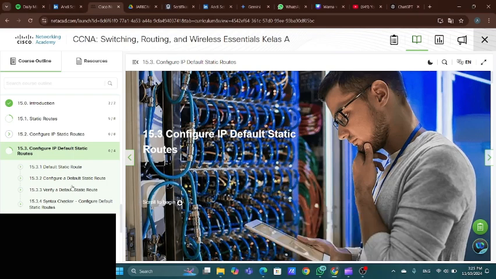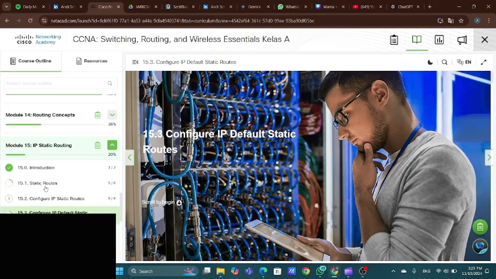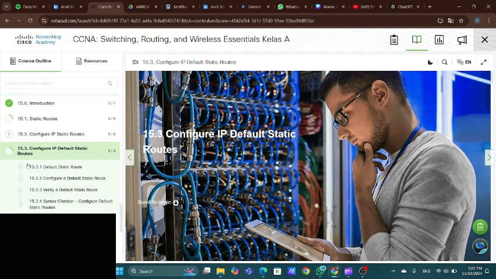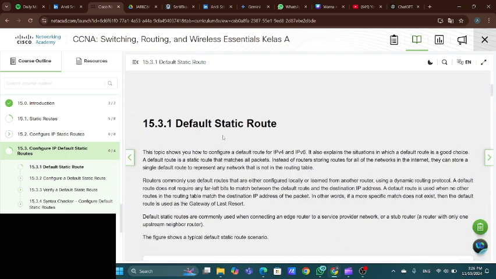Baik, di sini saya Setiawan, saya ingin menjelaskan di modul 15 yang judulnya static routing. Di sini configure default static route. This topic shows you how to configure a default route for IP version 4 and IP version 6.